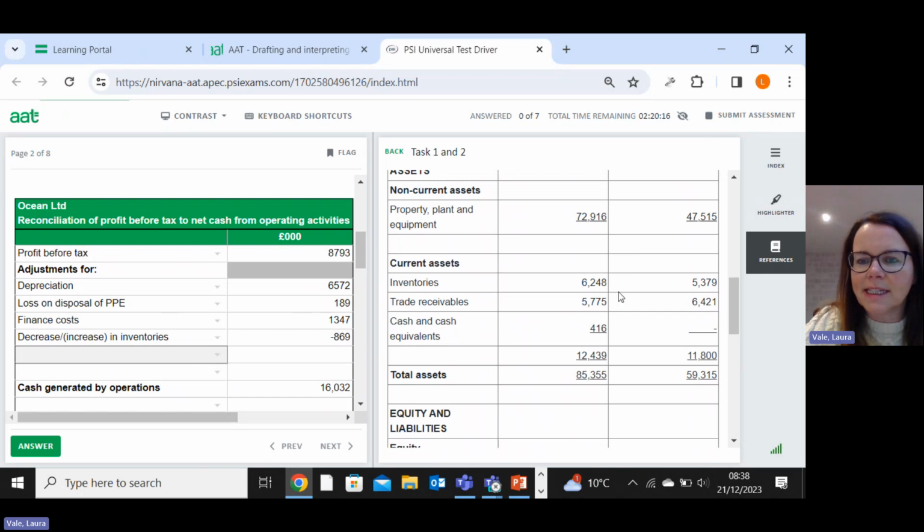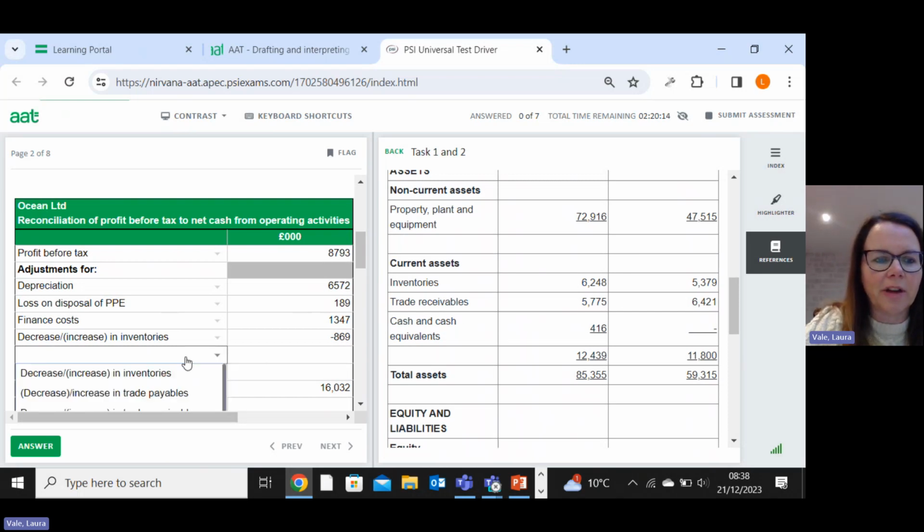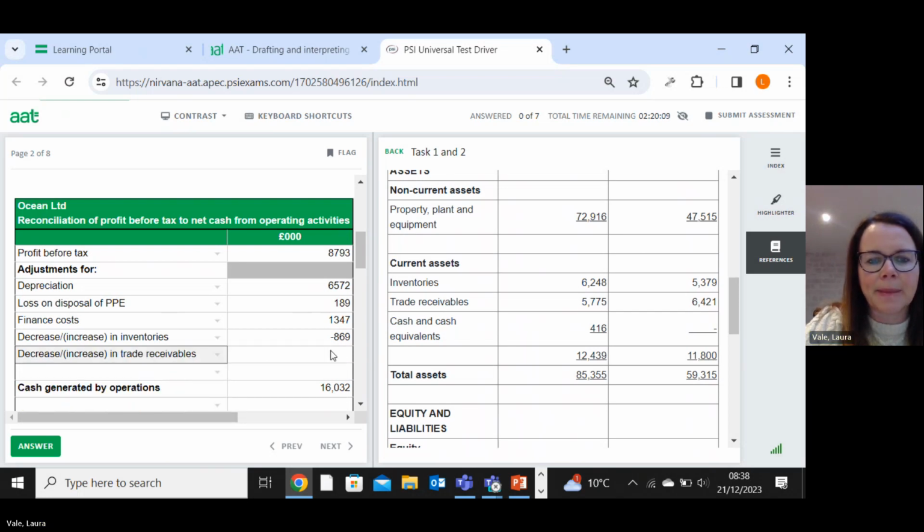I've then got a decrease in receivables. So if my receivables owe me less money, then that means I must have collected in more money. So I'm going to add that difference, which is 646.